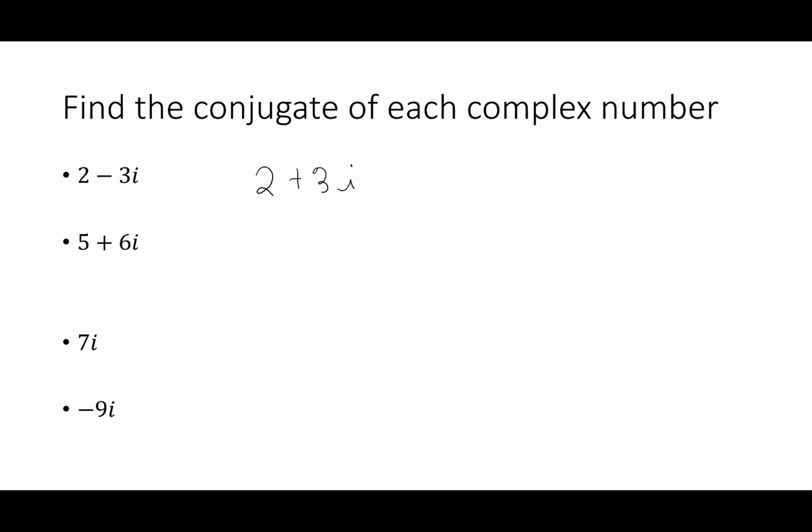So I'm just changing the sign between the real and imaginary part. 5 plus 6i would be 5 minus 6i. If I just have 7i, then I make it negative 7i, or negative 9i becomes positive 9i. The sign that is changing goes along with the b term, not with the a. So if I'm missing the a term, that's okay. I just put a negative in front of whatever I had for the b.